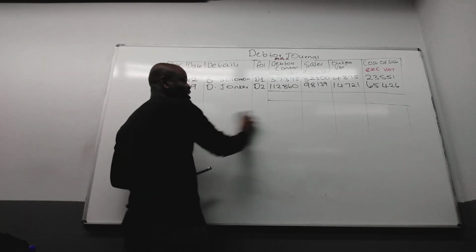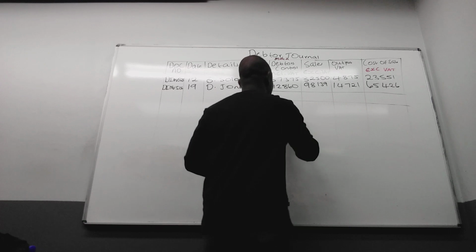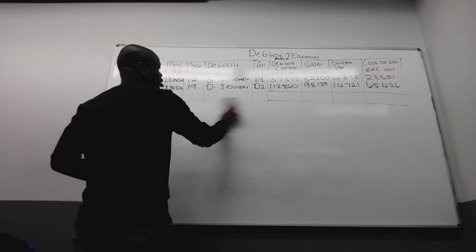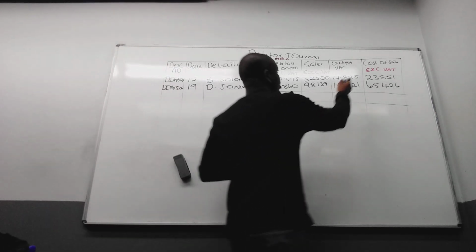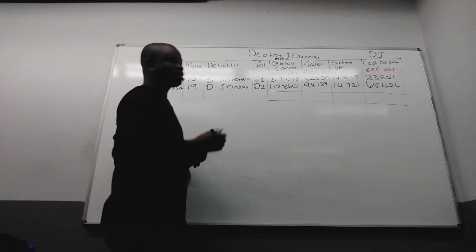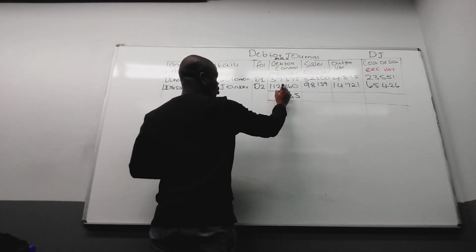Remember, this question only wanted you to open what? CBR and DJ. Only these two. Remember, this is just general. So, just help me. And then I think it's 5, 3, 2.